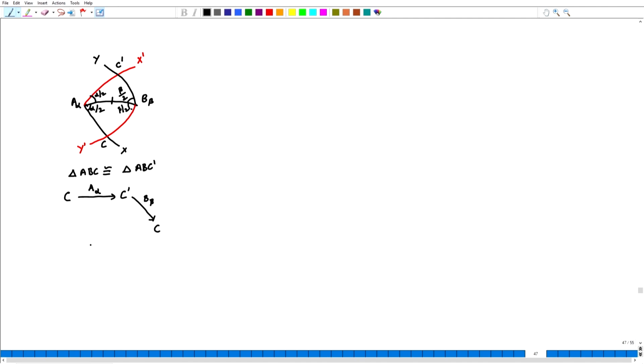Let me put it another way: I do an operation of A alpha followed by B beta. Essentially, this means that the point C is an invariant point. And remember that we are looking for invariant points, because when you are talking about point symmetries, in this case rotation axes, wherever there is an invariant point, that is where the rotation axes would be located.